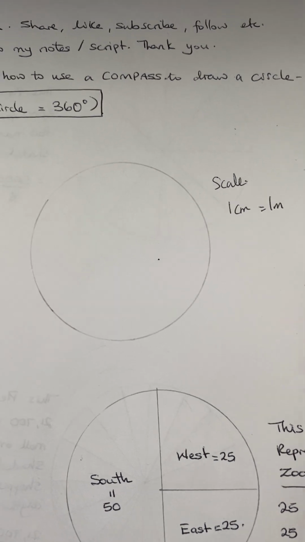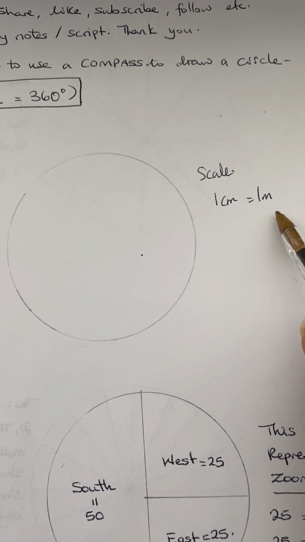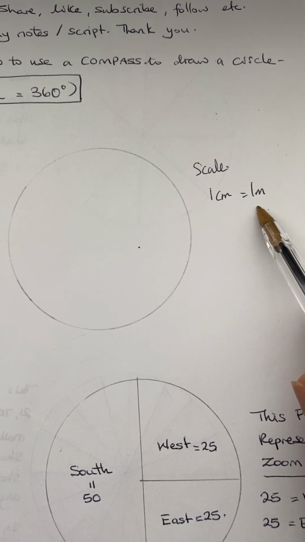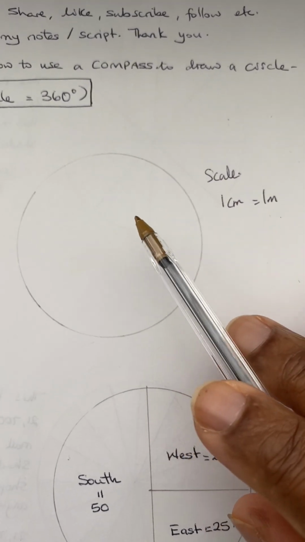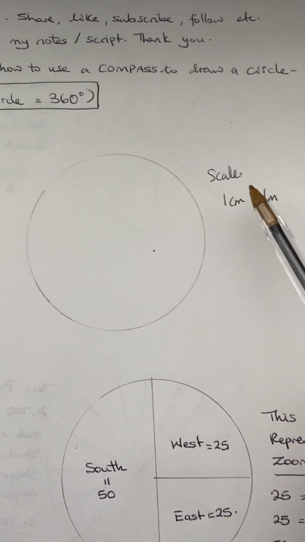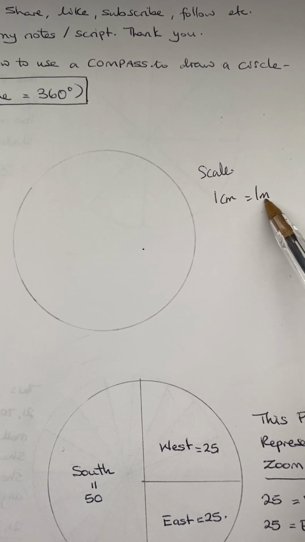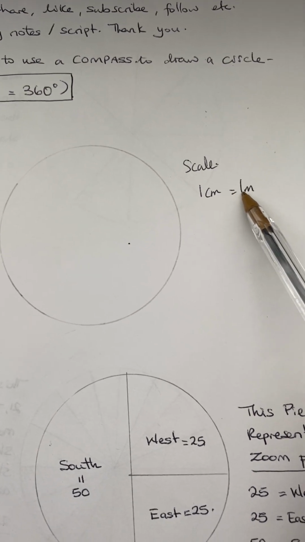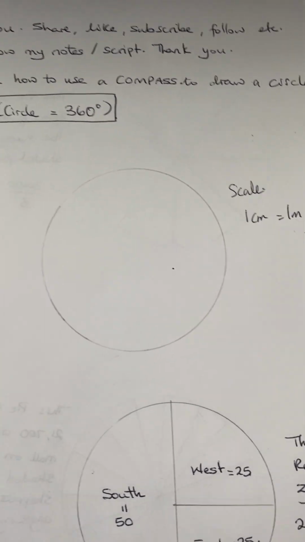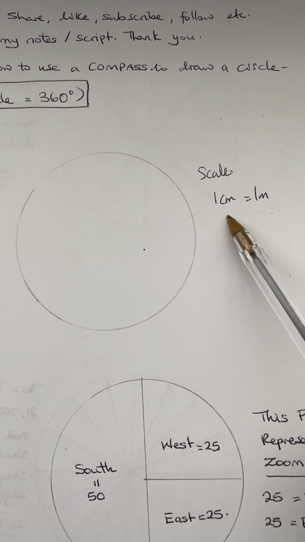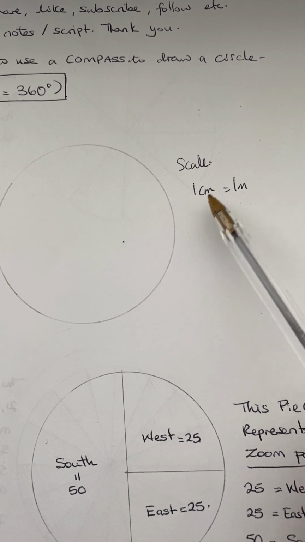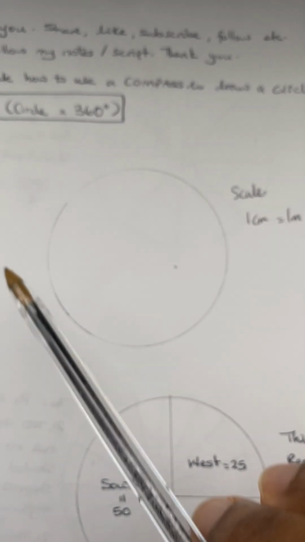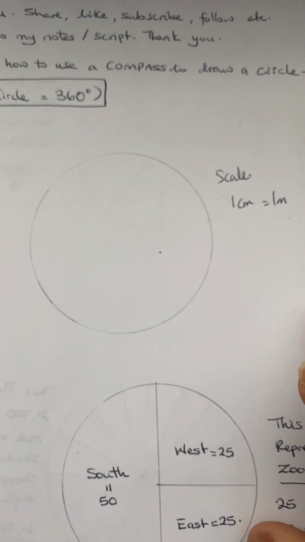Because if you want to draw an accurate 1 meter circle for a pie chart, it will be very, very large. So you can do 1 centimeter to 1 meter, measure 2 centimeters on your ruler and use it to draw the circle nicely.